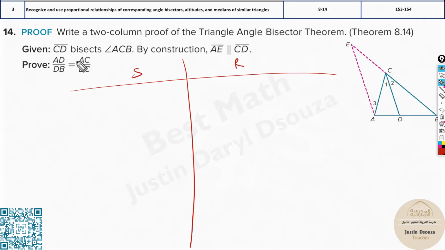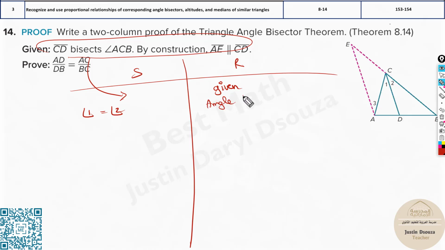Statement, reason. First one is obviously the given one. Just write it over here. The reason is given. Next, let me start with the angles. Angle 1 is equal to angle 2, from angle bisector. Now next one, 1 and 3 are equal. Angle 1 is equal to angle 3. Why is this?